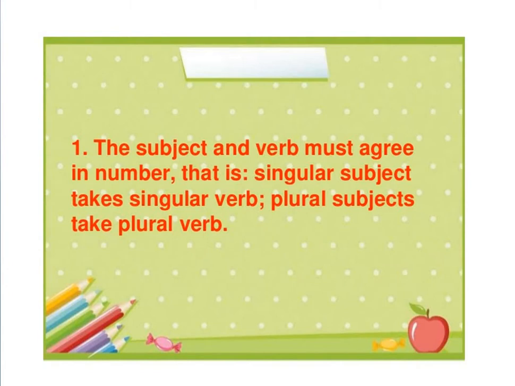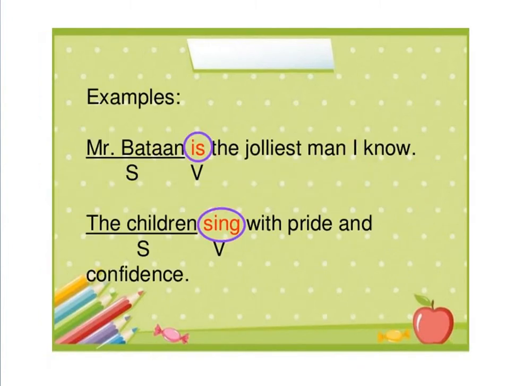So the first rule is that the subject and verb must agree in number: a singular subject takes a singular verb, and plural subjects take a plural verb. Here, just take the example. For example, Mr. Batan is the jolliest man I know.